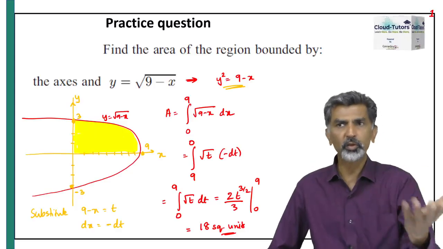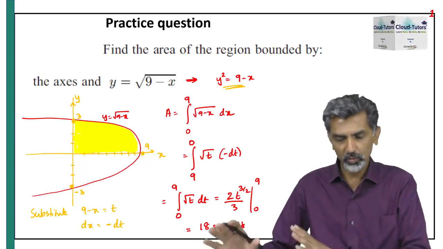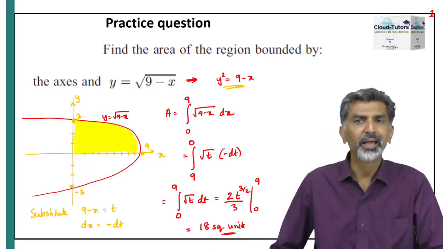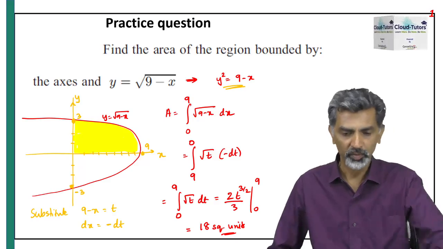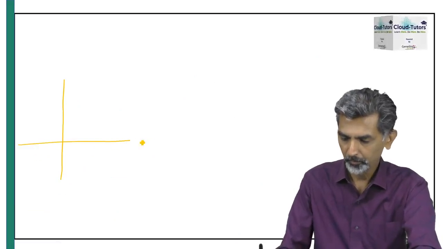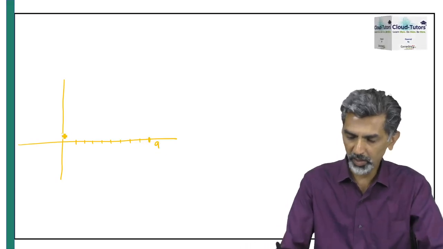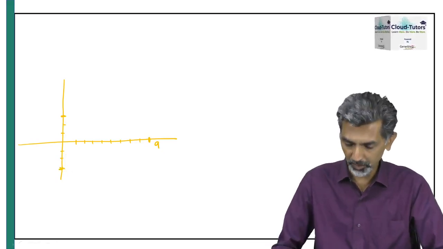Now I want to present to you an alternate approach, and I will draw a fresh diagram on the next slide and tell you how else we could have visualized the same problem. So let me do that here. This is x is equal to 9, and we have y is equal to 3, y is equal to negative 3, and that's our parabola.